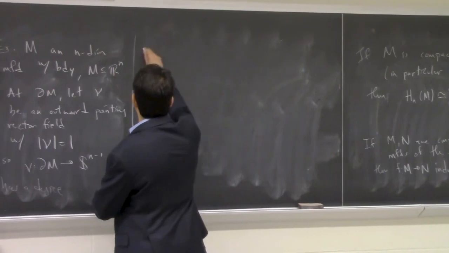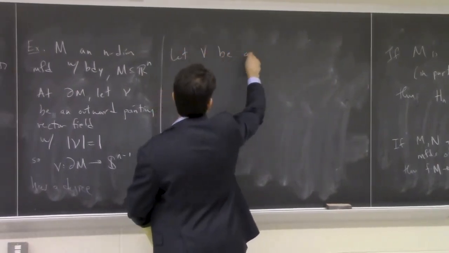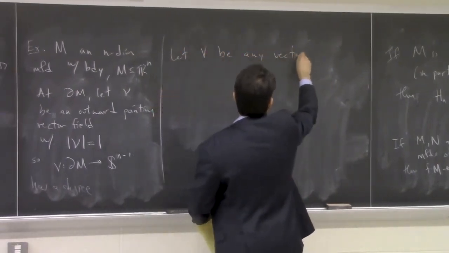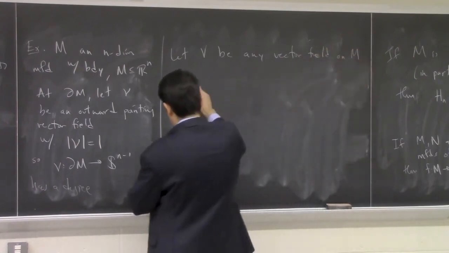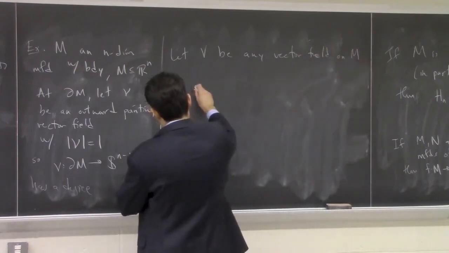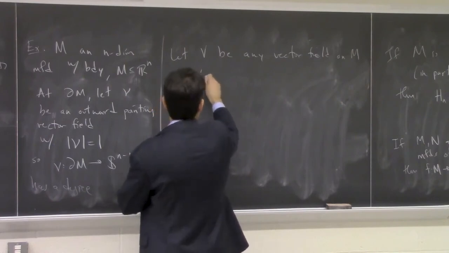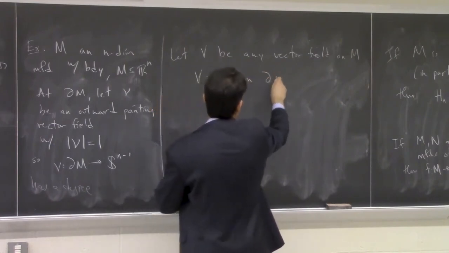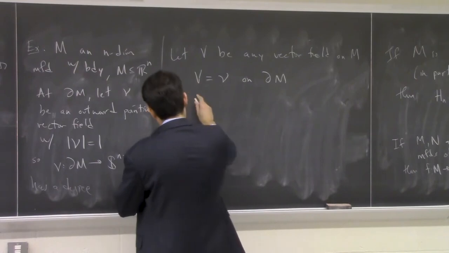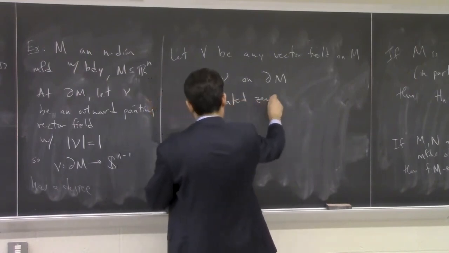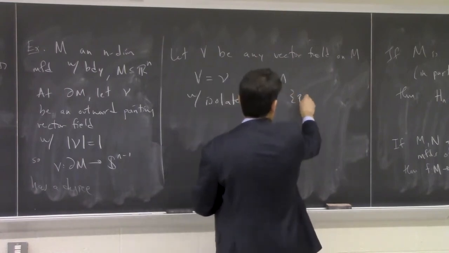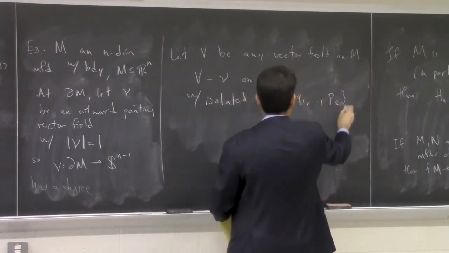Let V be any vector field on M, let V equal nu on the boundary, with isolated zeros, say P_1 to P_L.